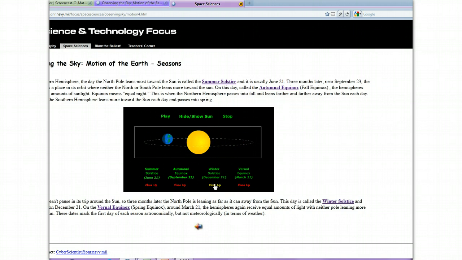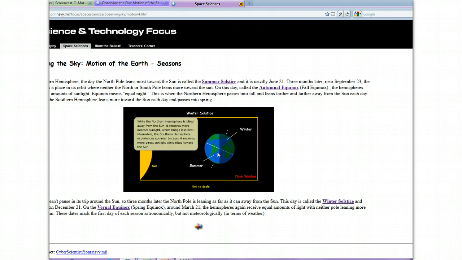Then we have the winter solstice, and during the winter solstice we have more of the Earth tilted away from the Sun, which means we have a minimum amount of sun hitting the northern hemisphere, and a maximum amount of sun hitting the southern hemisphere. So it is winter in the northern hemisphere and summer in the southern hemisphere.